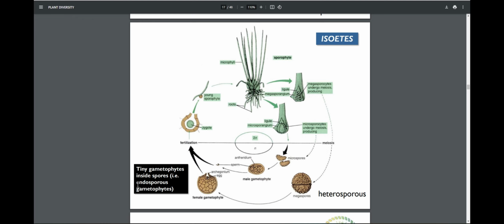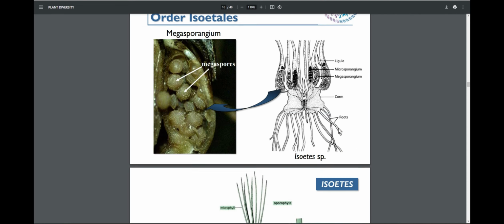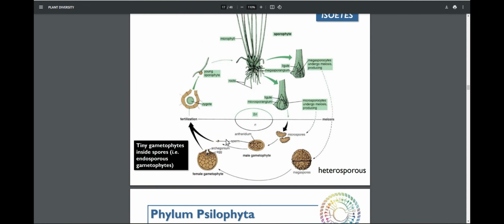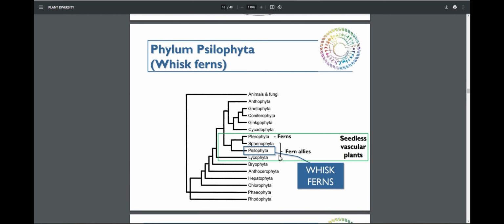And then again, endosporous gametophytes, which means that they do not grow past the spore. The sperm still needs water. Again, this plant is actually aquatic, so the sperm still, I think, can move and needs water to disperse after fusing, and then the cycle repeats. Alright, that's it for Lycophyta.